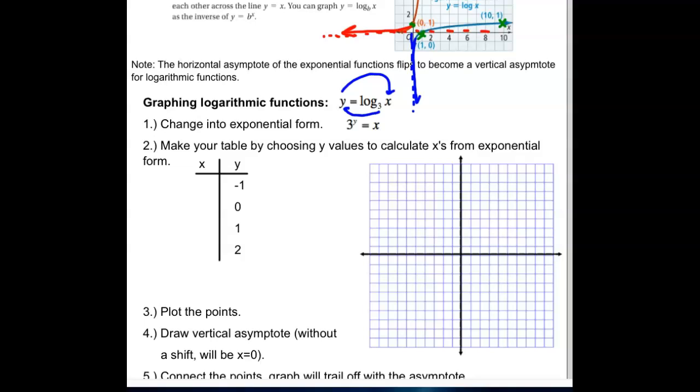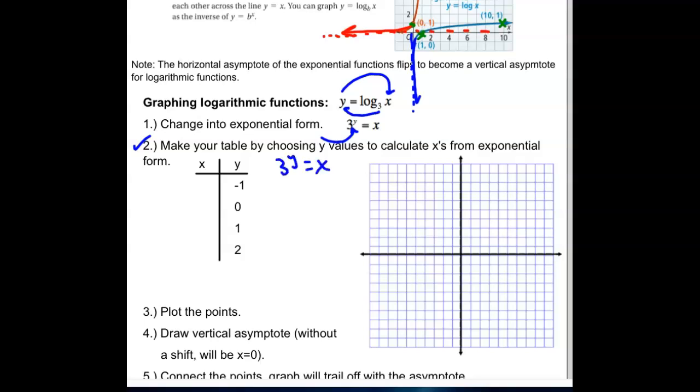Now here's the trick to making this easy. Make your table by choosing your y values to calculate x's from the exponential form. Instead of always picking our x's and trying to find our y's, in this case it's going to be easier to pick y values to plug in as our powers and work back to find our x's. So in this one, we said 3 to the y equals x.